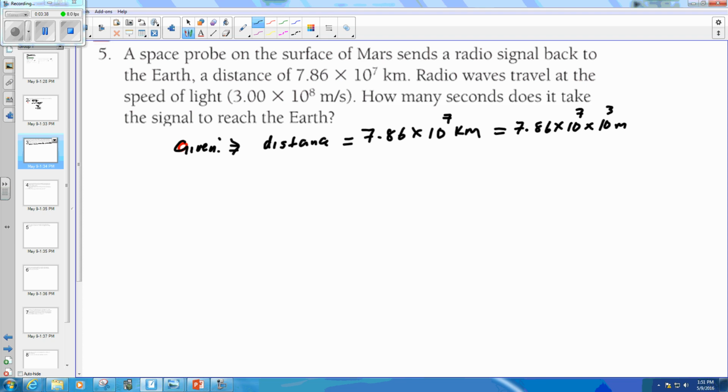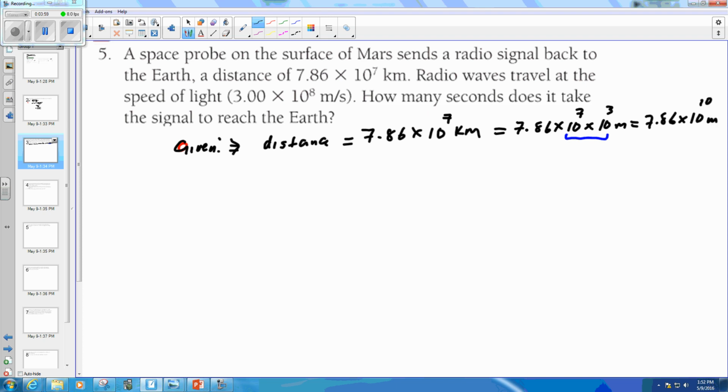And some math rules say that if the base is the same, I can always add the exponents. So I can add 7 and 3, and this becomes 7.86 times 10 to the power 10 meters.